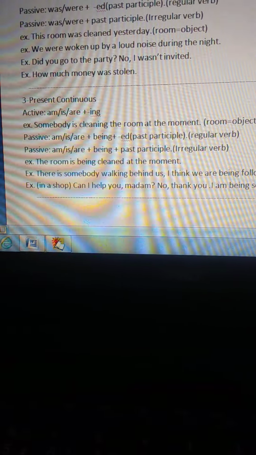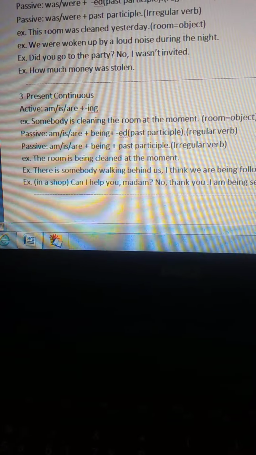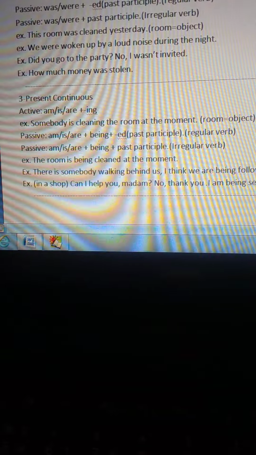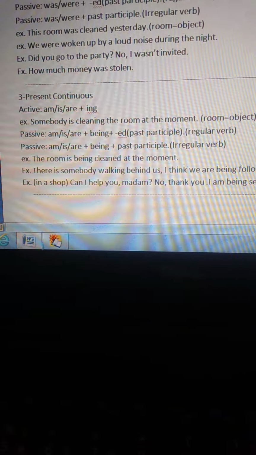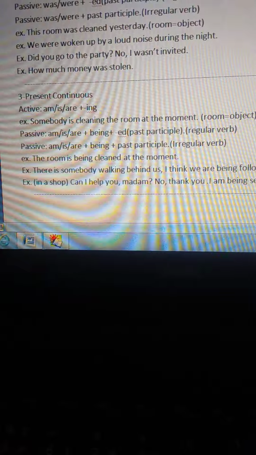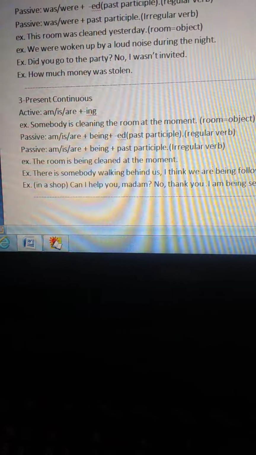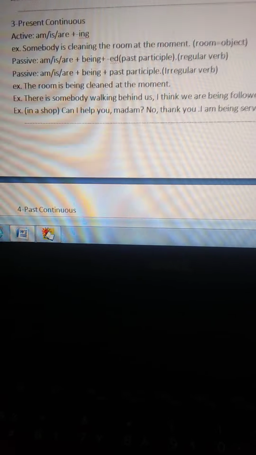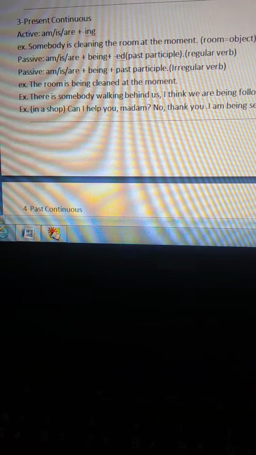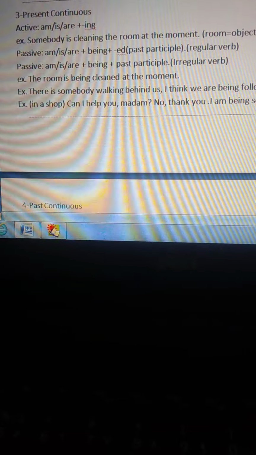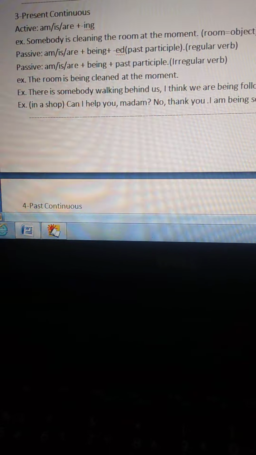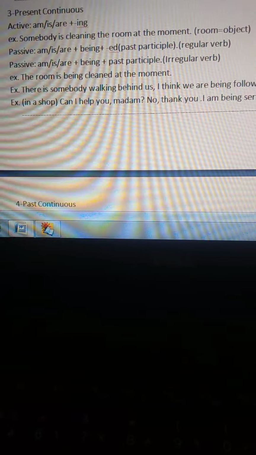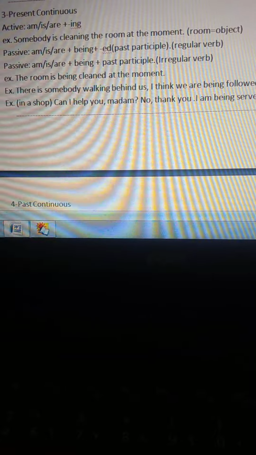Third sentence: did you go to the party? No, I wasn't invited. Fourth sentence: how much money was stolen? Number 3, present continuous. Active: is or are plus -ing. Example: somebody is cleaning the room at the moment.